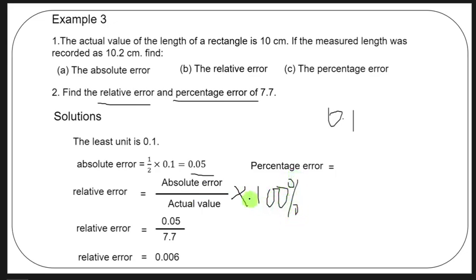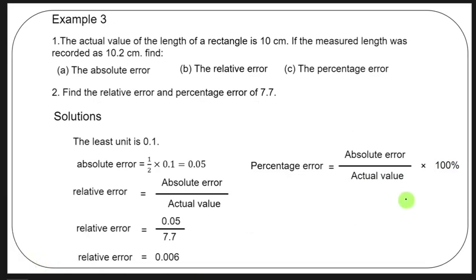Since we already found the relative error, we just multiply it by 100%. So we have 0.006 times 100%, and when we multiply this, we get the percentage error as 0.6%.